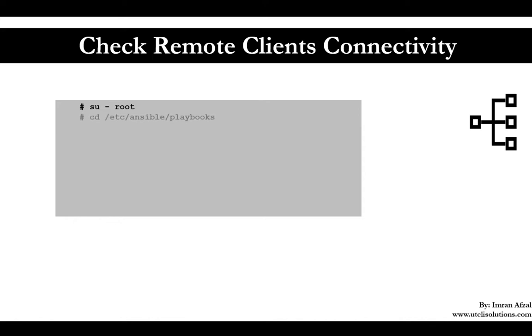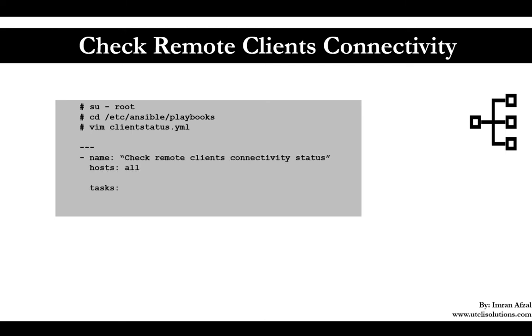We'll become root, go to our Ansible playbooks, and create a new YAML file, client status. Here is the list of things that we will write inside of our client status YAML file. If you notice, this looks very similar to the playbook we created to check the client connectivity of our local host.